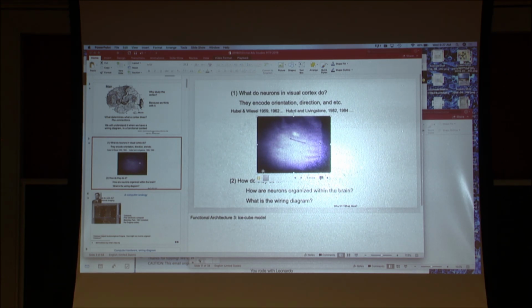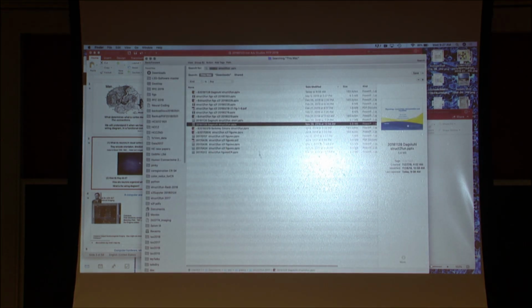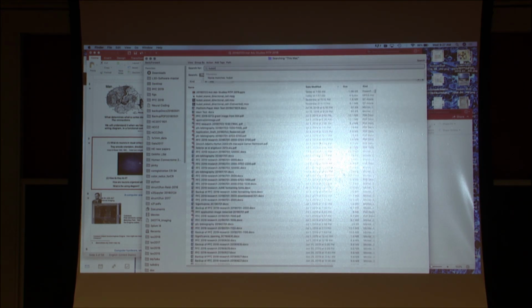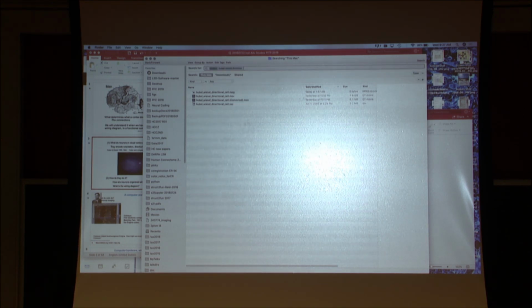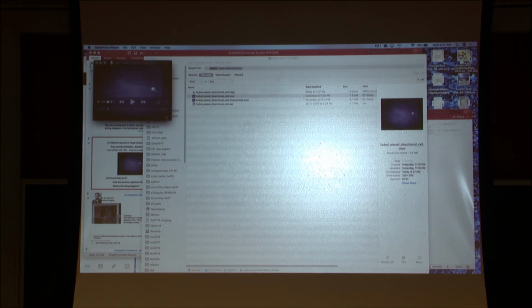Is this any better at all? Should I do it? It's fun. Hubel, Wiesel, direction, and if this doesn't work, let's see if this works.